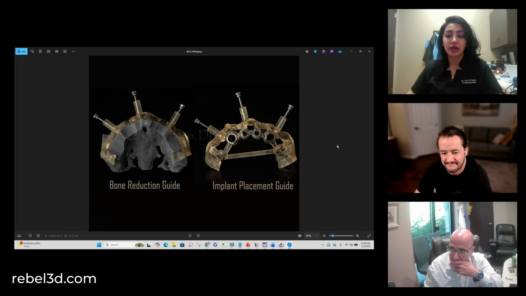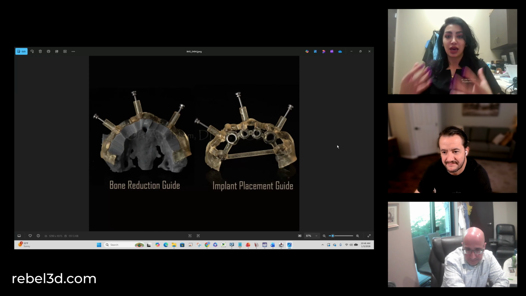So with dynamic navigation, you can really see and feel the bone, and you can make your clinical decision based on your best clinical judgment, using the handpiece and the system all together while feeling the bone, undersizing, oversizing, doing whatever you want in order to get enough primary stability, like what Dr. Iskandar is mentioning.